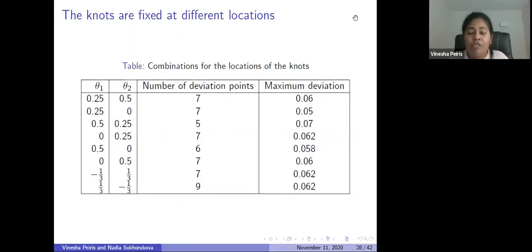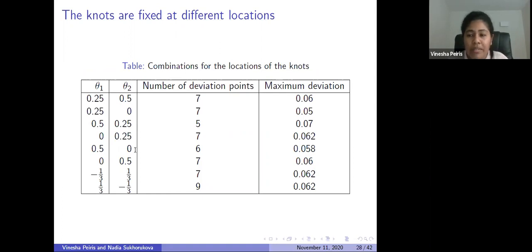So now we fix these two knots at different locations. For the first two, we fix the knot in the numerator at 0.25, which is exactly where this changing from one polynomial to another happens. And for the next two approximations, we fix the knot of the denominator at 0.25. And for the next two experiments, neither of these two knots are located at 0.25.